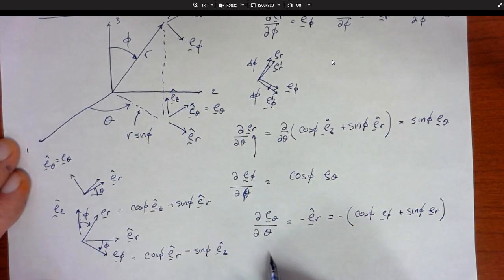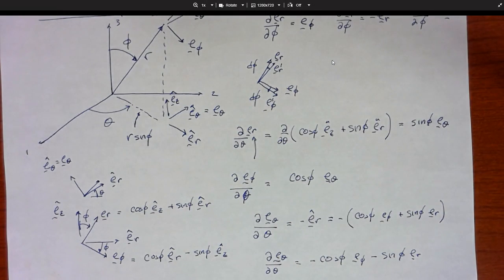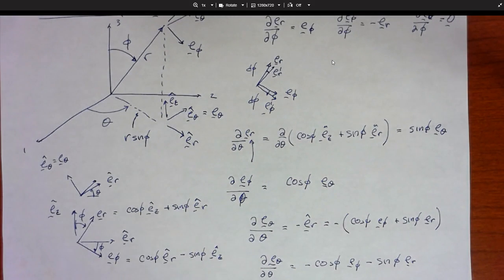All right, so that tells us that the partial derivative of E theta with respect to theta is going to be minus cosine phi E phi minus sine phi ER. All right, and so now you've got all those metrics lined up.